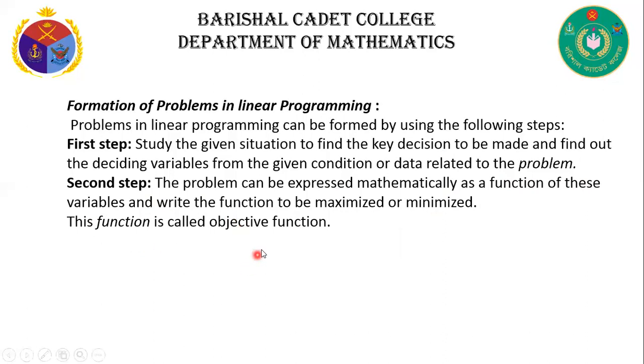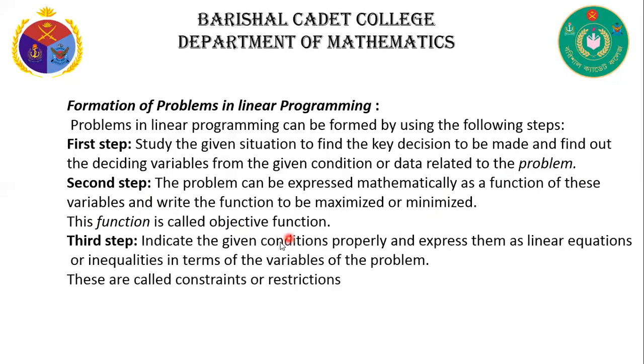This function is called the objective function, that means Z. And now step 3. Indicate the given conditions properly and express them as linear equations or inequalities in terms of the variables of the problem. These are called constraints or restrictions.